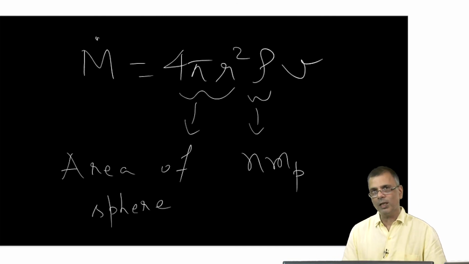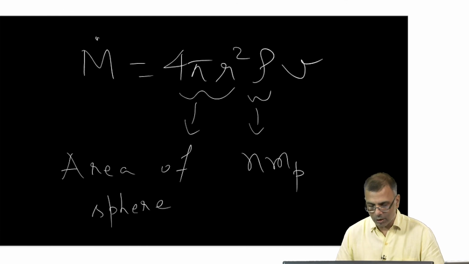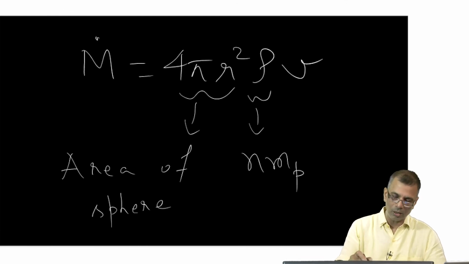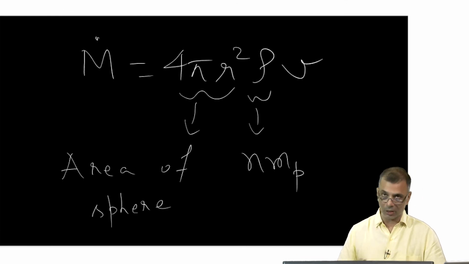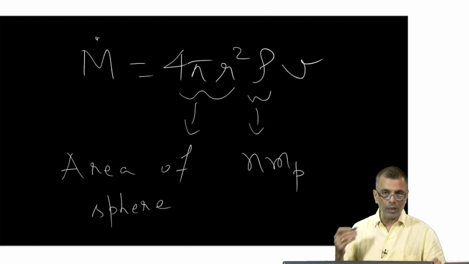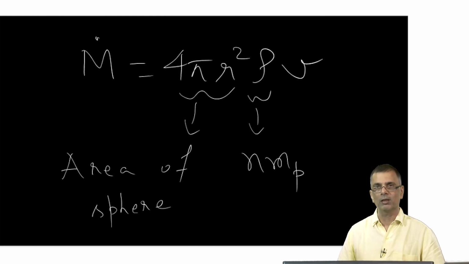So our whole discussion of accretion will hinge on this accretion rate, because it's a very important thing. After all, we're interested in accretion because we're interested in how much mass can be accreted, and therefore how luminous the object can be. But of course, we have just discovered that there's an upper limit to the amount of mass that can be accreted per second, and that is the Eddington luminosity.